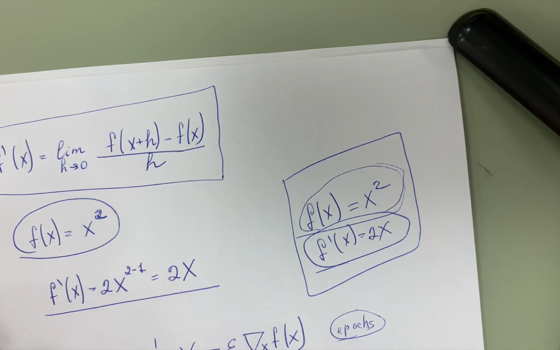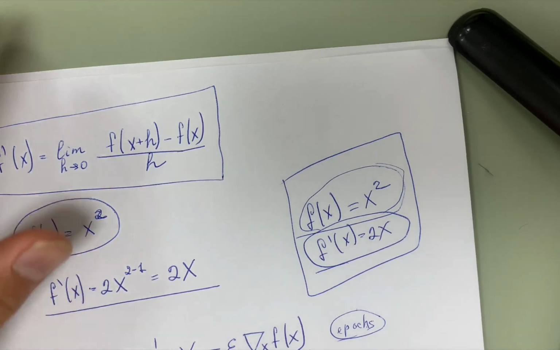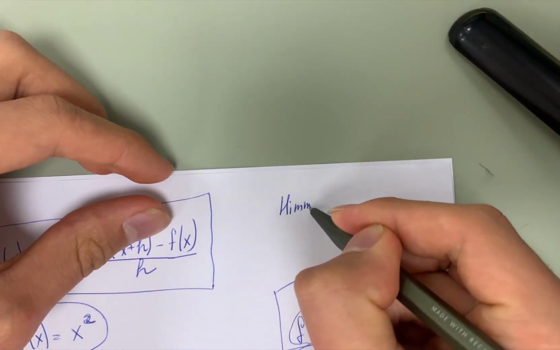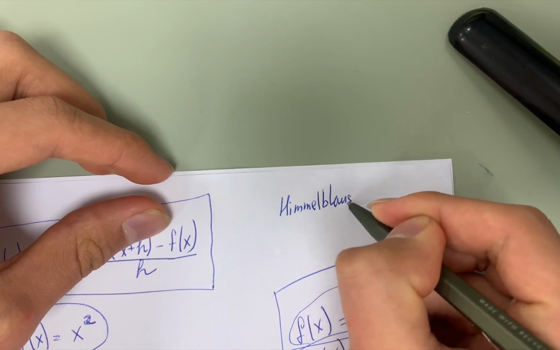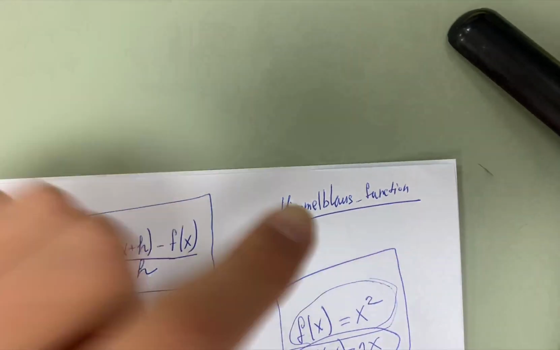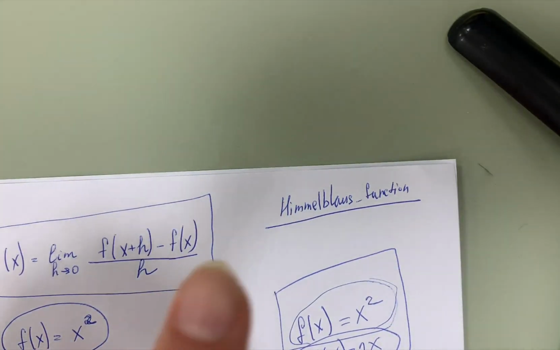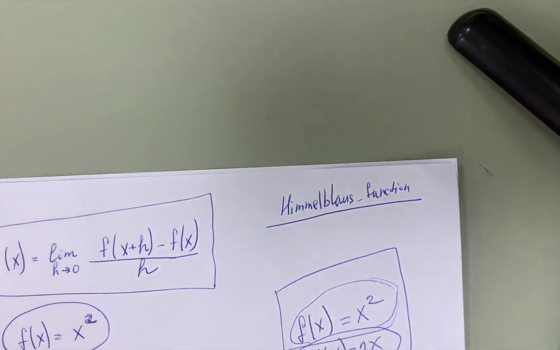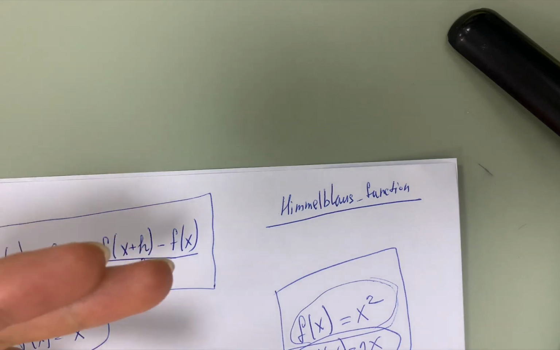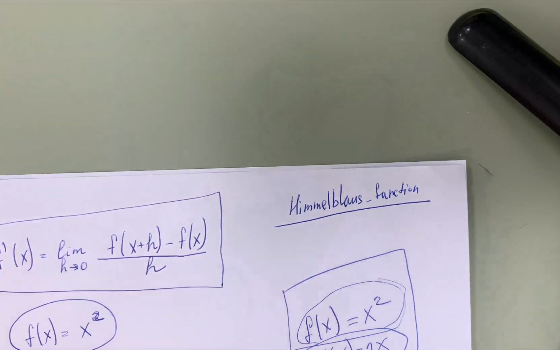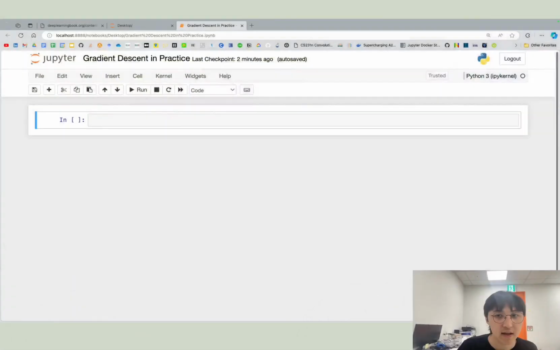The second thing is a very famous function called Himmelblau's function. As a second practice, we will use it to see how gradient descent works on this function. So we will do it for two functions.